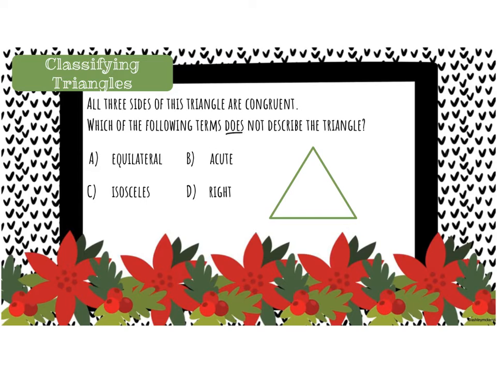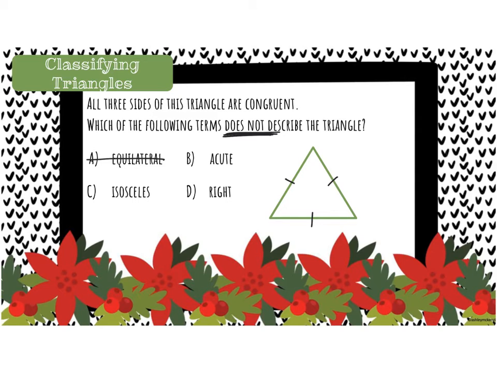Is this triangle equilateral? It is. So this one's out. It's asking which of the following does not describe the triangle. Equilateral does describe it. Remember those tick marks? Every single one of these sides is equal. They're all congruent. It tells us that.